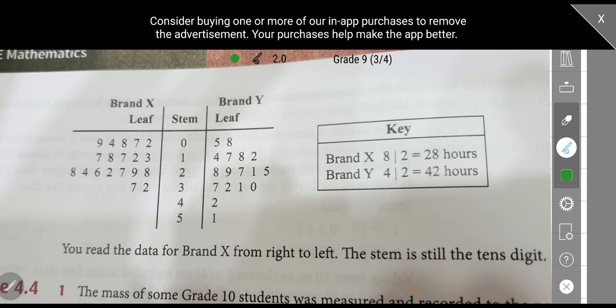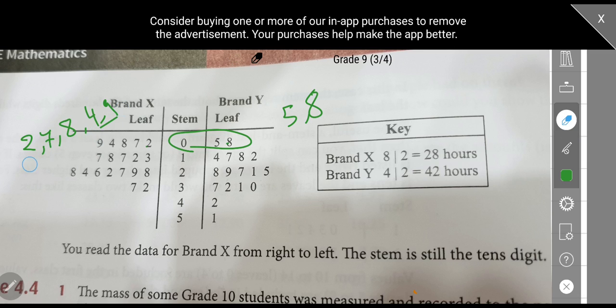Now, how could I read this? As we mentioned before, this is stem 0, so the tens is 0 and the ones is 5, so this is number 5, then we have number 8. What about this here? We have number 2, 7, 8, 4, 9, and so on.